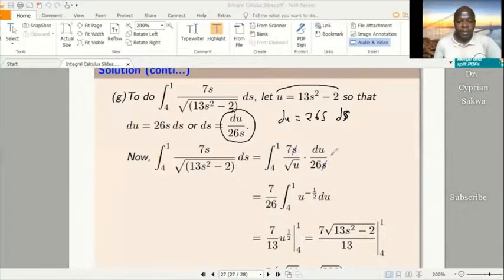And we take the constant outside, so the constant is 7 over 26. The integral of 1 over root u du. So bring back s, because our u was 13s squared minus 2. So substitute back. When you substitute back, just create space and do that.